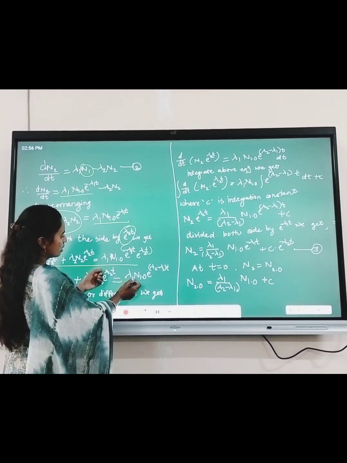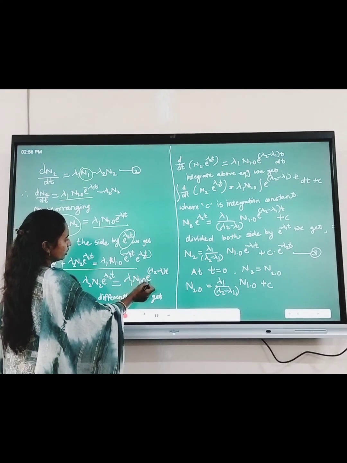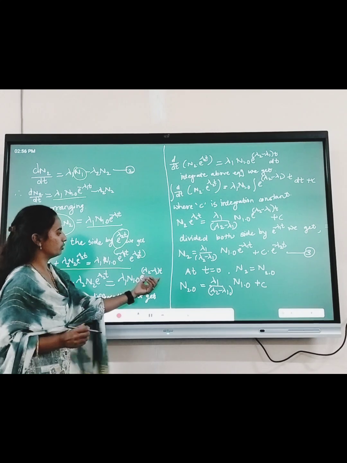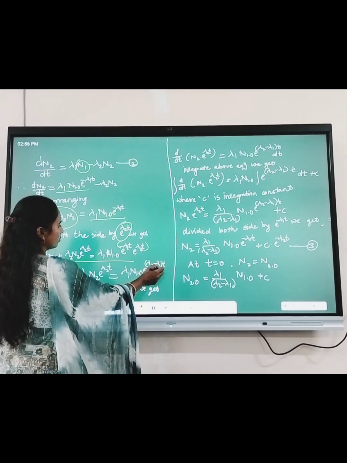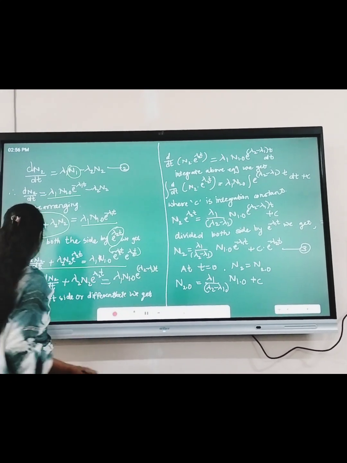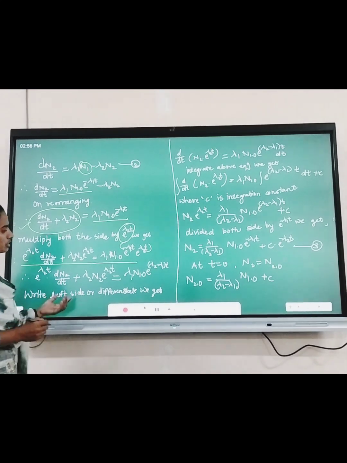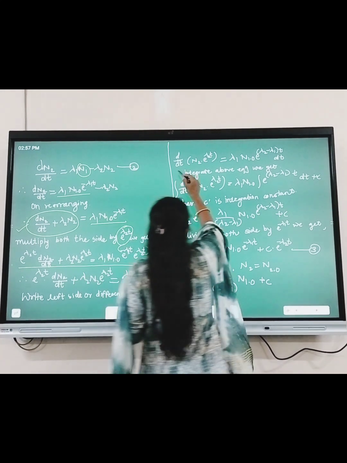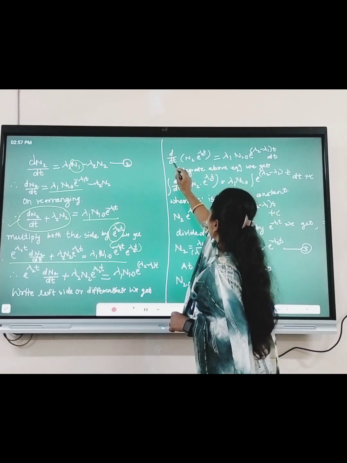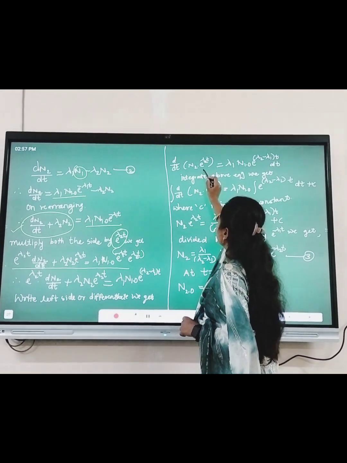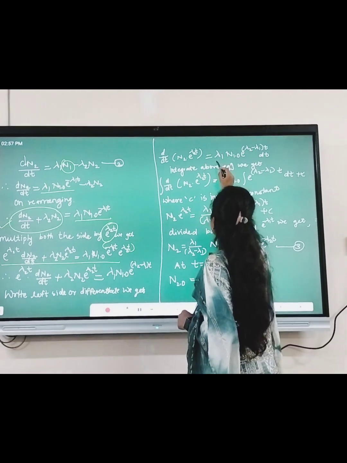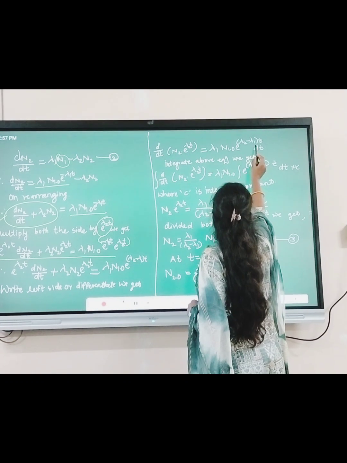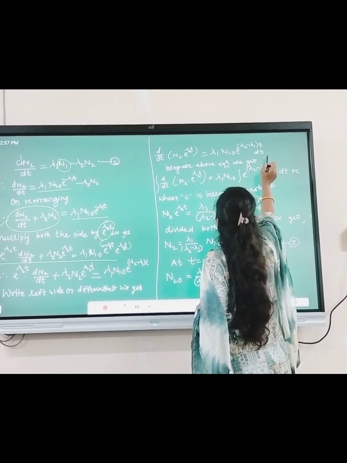So we have lambda 1 into N 1.0 into e raised to the power lambda 2 minus lambda 1 into t, in brackets. Now differentiating the left side, we have d by dt of bracket N2 into e raised to lambda 2 t is equal to lambda 1 N 1.0 into e raised to the power lambda 2 minus lambda 1 t.